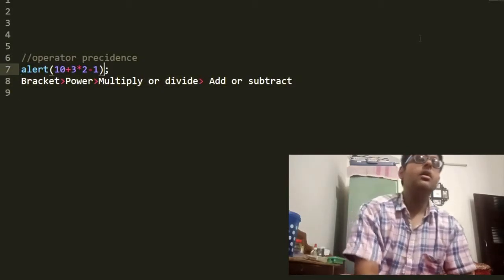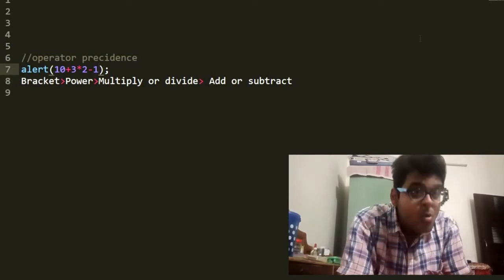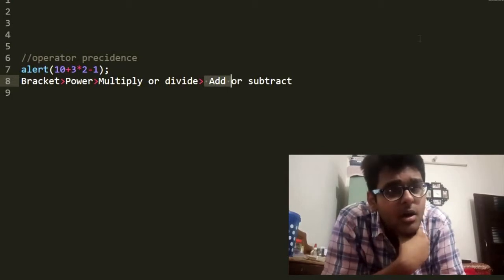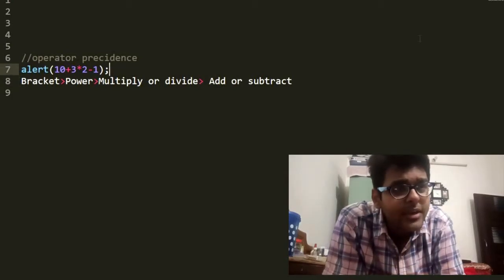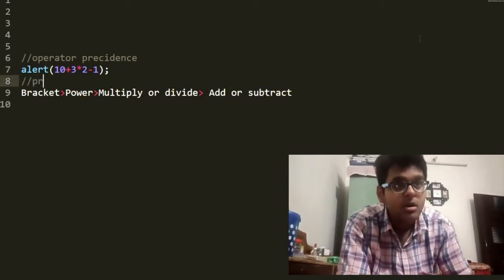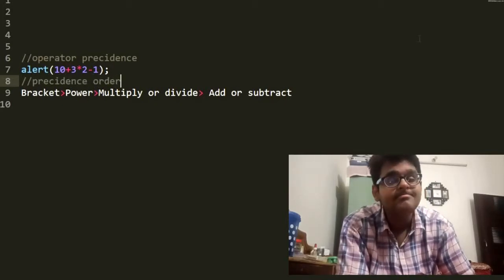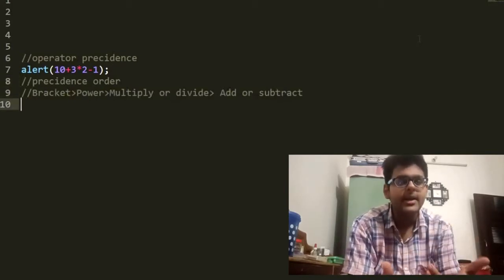If we are following this notation, multiply or divide has greater precedence than addition or subtraction. So we'll say precedence order, and this is my precedence order, and let me put this into a comment.